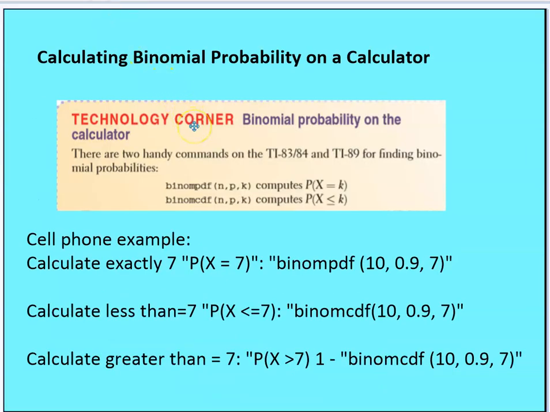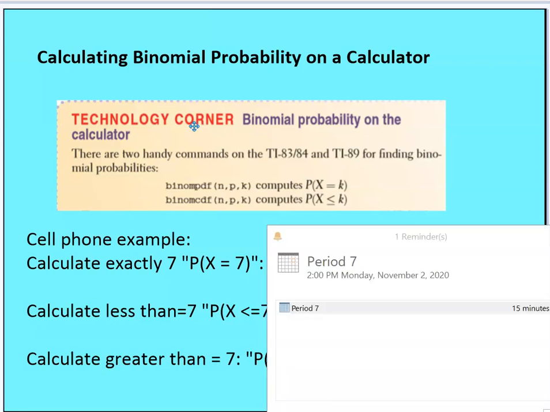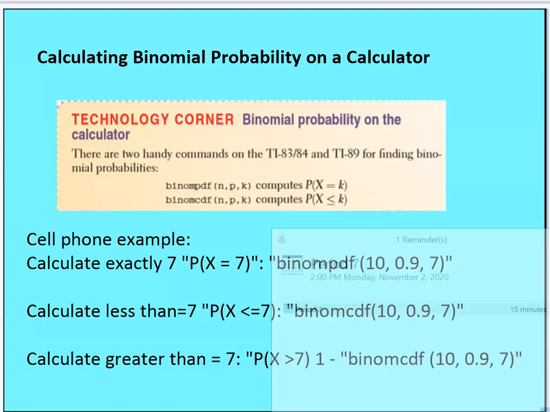All right, so there's also a binomial PDF and CDF, which you're going to use to calculate exactly 7. You're going to use a binomial PDF. And then you're going to have 10, which is the number of trials, the probability of success, and then the number of successes exactly.